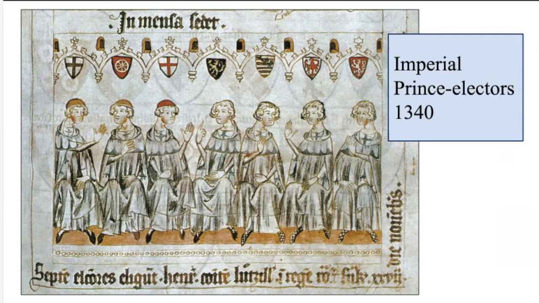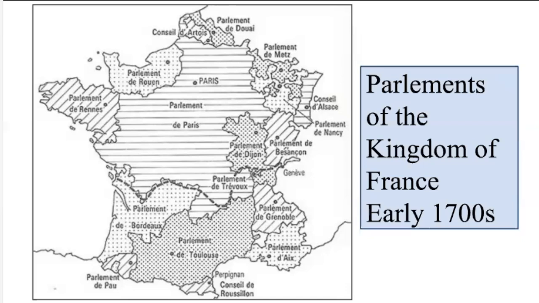If the name and idea of electors sounds familiar, it is because something of the basic idea ended up morphed during the Enlightenment as part of the American system of choosing an American president. Now, over to France. France, in the late 17th, early 18th century, was an hereditary monarchy.